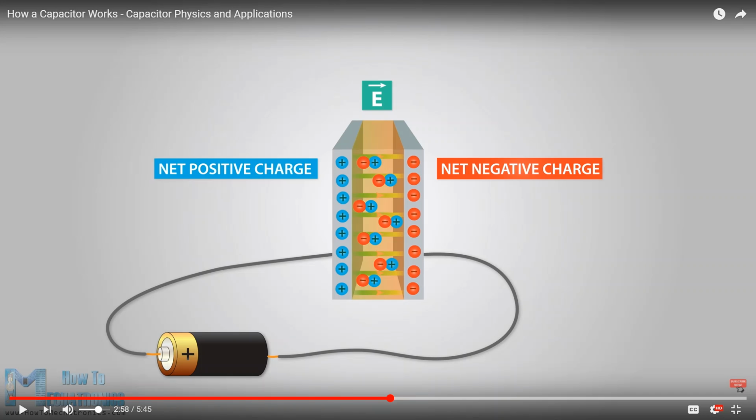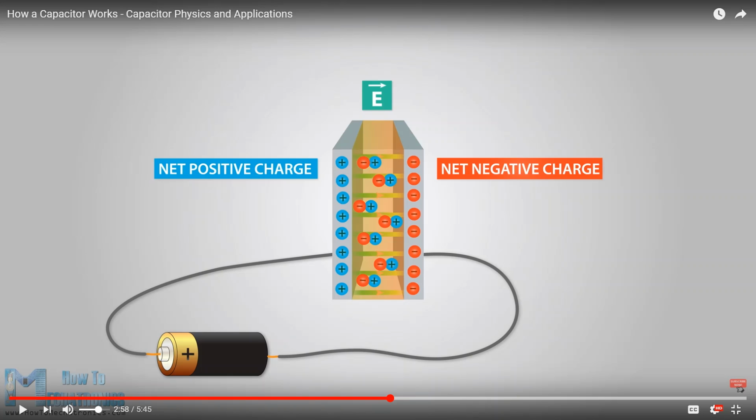Yes, now this dielectric is working together with the battery. The battery is trying to push, and the dielectric is also pulling the electrons because of the positive charges that are there. So if the dielectric is better, you can pull in more charges, and your capacitance, or your capacity for more charges, becomes higher.